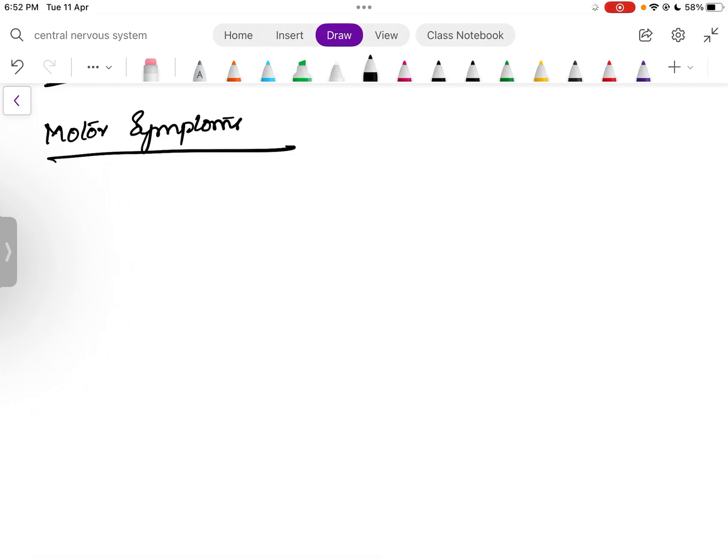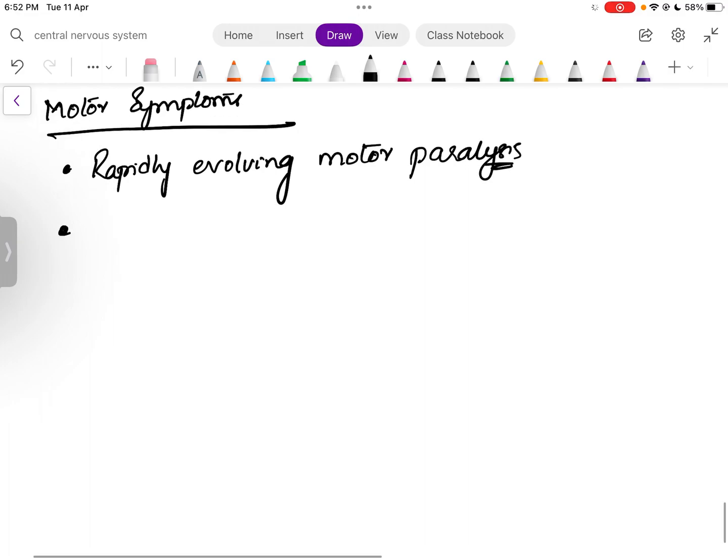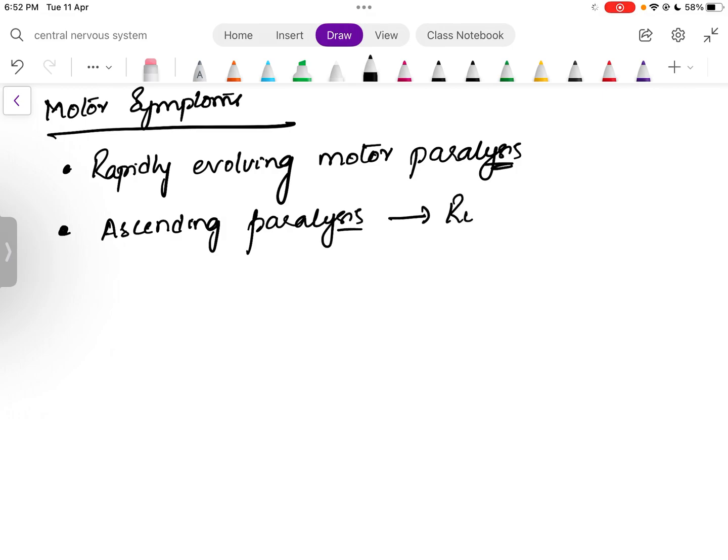What will happen in the motor system? This is a rapidly evolving motor paralysis. The paralysis will be very rapid. And what type of paralysis is it? This is an ascending paralysis, where limbs are affected first and the legs will be rubbery. They won't have any power.